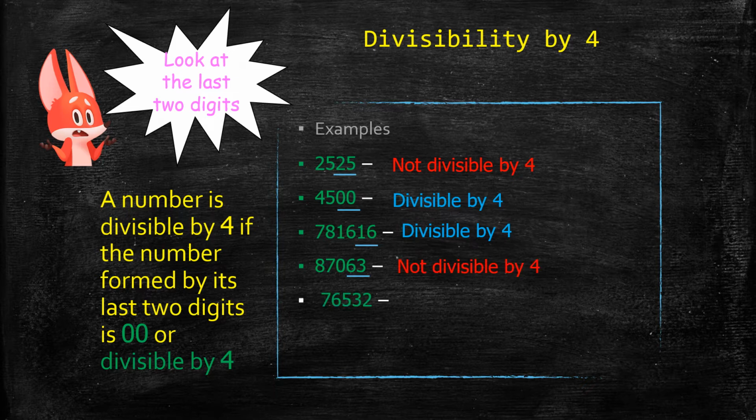Not divisible by 4. 32. Yes, divisible by 4. Yes. Is this rule not easy for you? Let's look at the next rule.